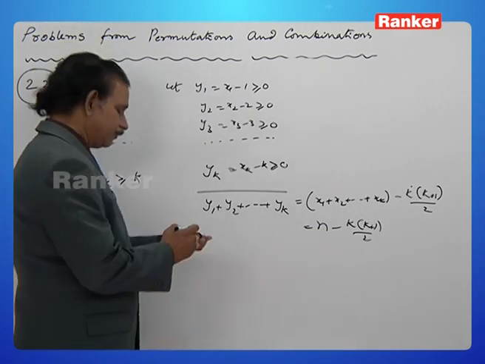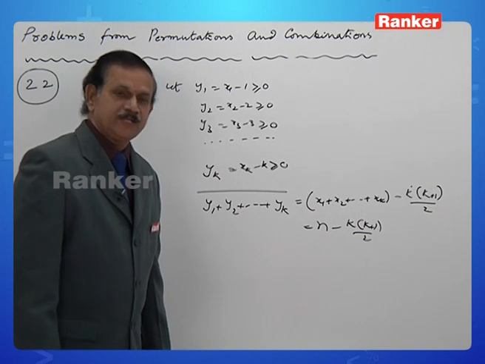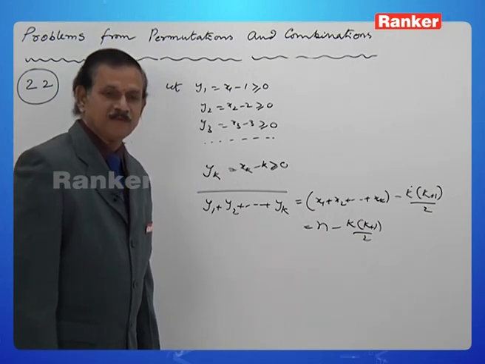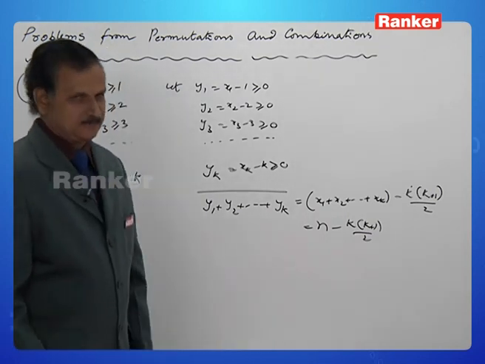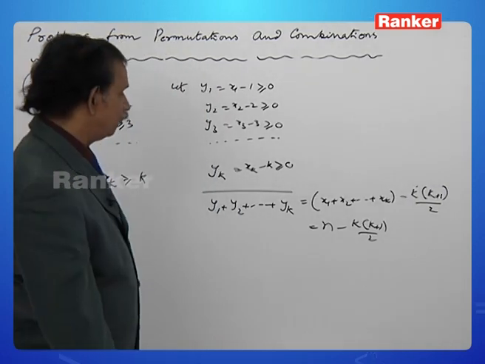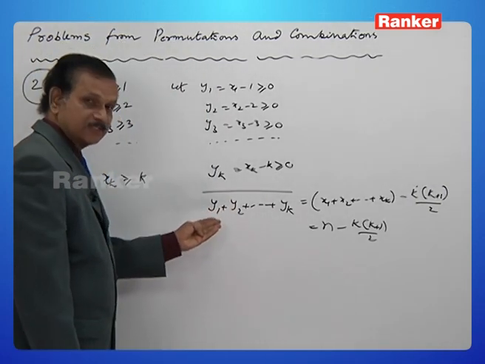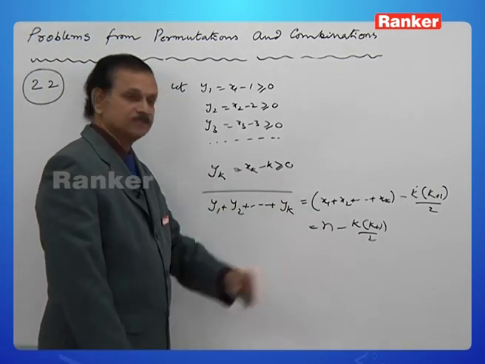Good. Therefore, in the actual question, we need the number of solutions of x1, x2, x3, etc. xk where the sum of those is n. And now, we want the solutions of y1 plus y2 plus y3 plus etc. yk equal to this.